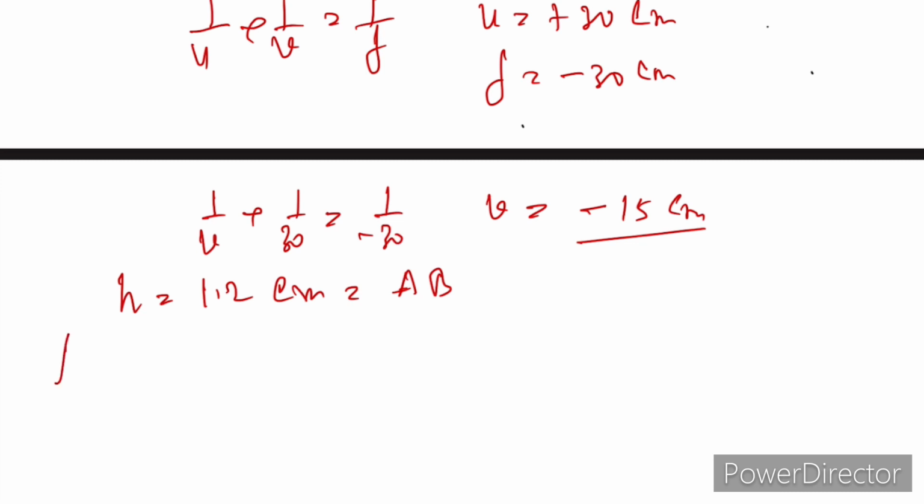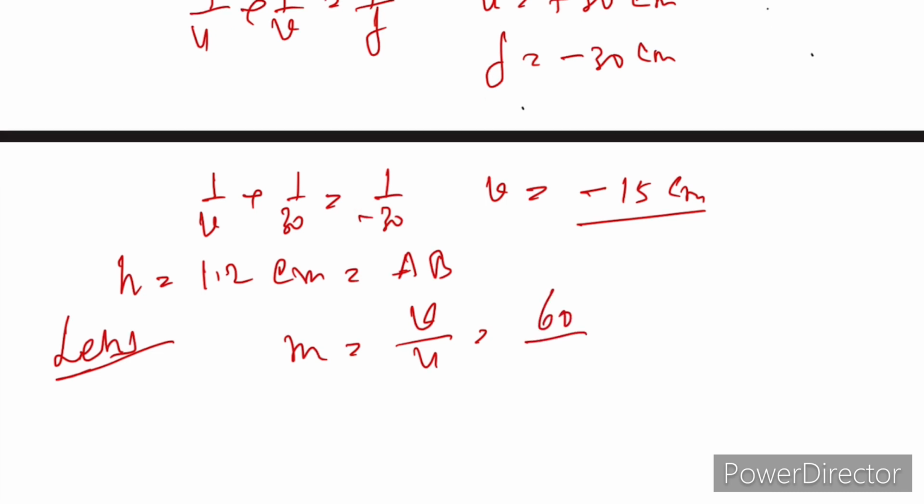Now, as far as the lens is concerned, our magnification is basically V by U, and that is 60 upon 20, and this is coming as minus 3.